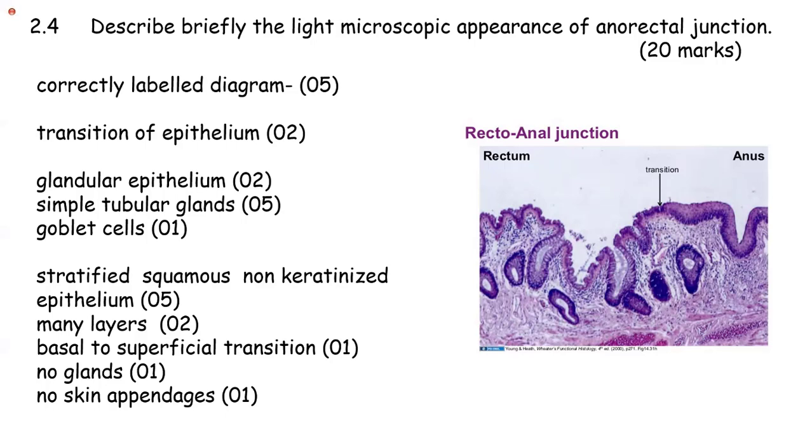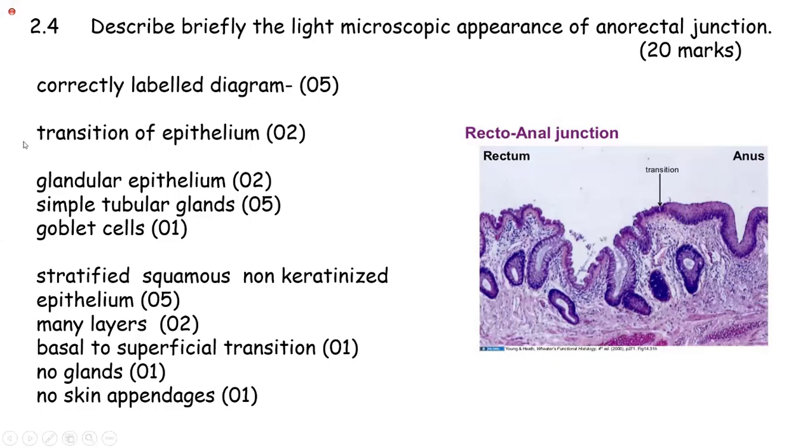Whether we have asked you to draw a diagram or not, you have to draw the diagram in histology and it will carry a designated amount of marks. Then if the student has drawn only the diagram and it is a properly labeled clear diagram, he or she will get 5 marks.